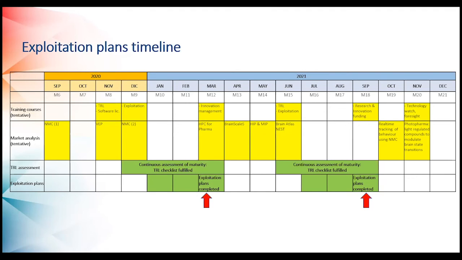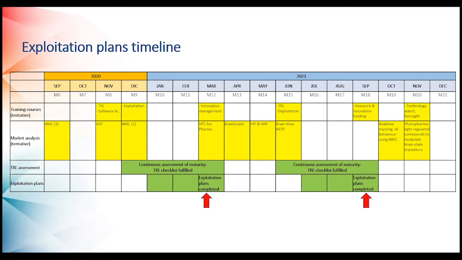As you can see, the TRL assessment row shows that at least 3 or 4 months before the exploitation plans are completed, you need to update the TRL, because it could happen, and hopefully will happen, that from one exploitation plan to another, the maturity of your development or your technology is higher. So it's a good exercise to update the TRL, and it helps as well to address the exploitation plans better.